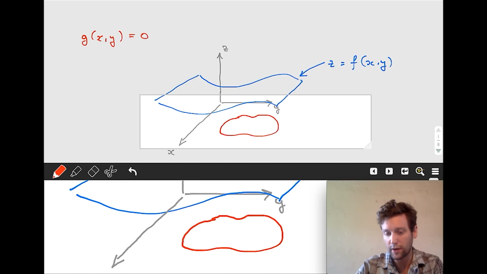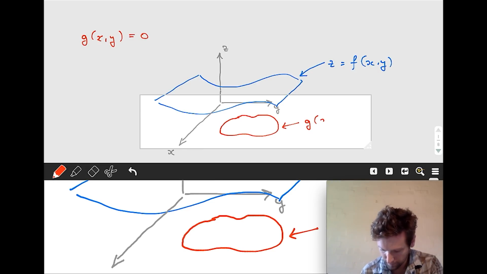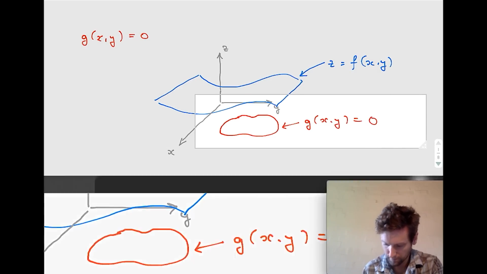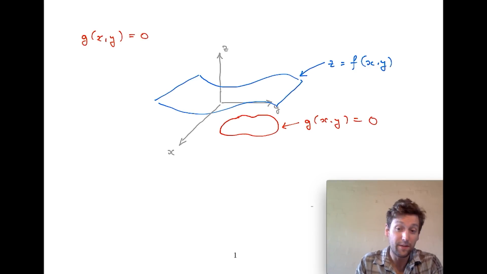And every point on that curve satisfies my equation. So again, I've got my 2 ingredients. I've got my surface, z is equal to f of x and y, and I've got my constraint, which is an equation, g of x and y equals 0.